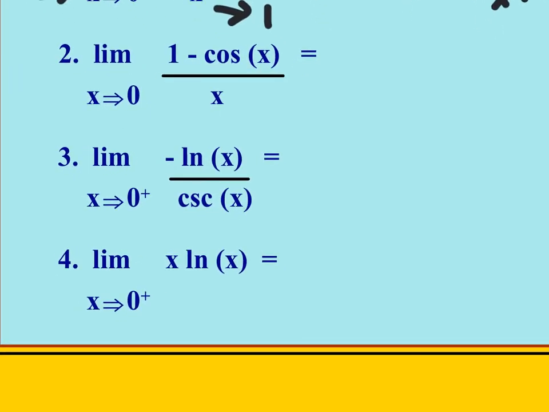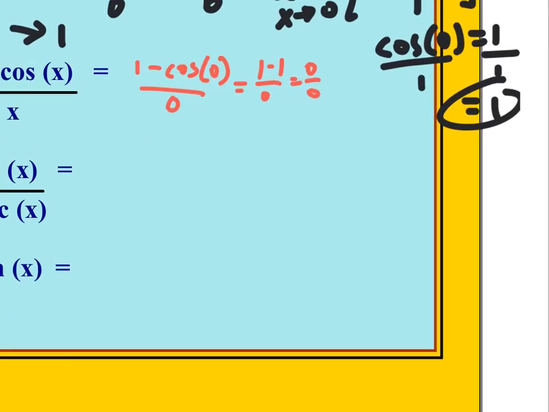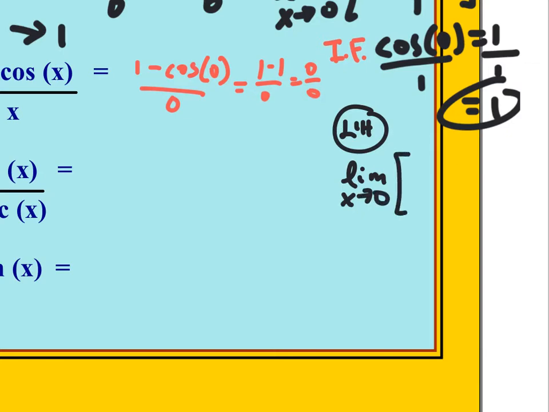Okay, let's look at the second one. If I plug in 0, I get 1 minus cosine of 0, which is 1, over 0. So I get 1 minus 1 over 0, which is 0 over 0, which you need to write as indeterminate form. And then I would probably write, L'Hopital is applied, so the limit as x goes to 0 of the derivative.